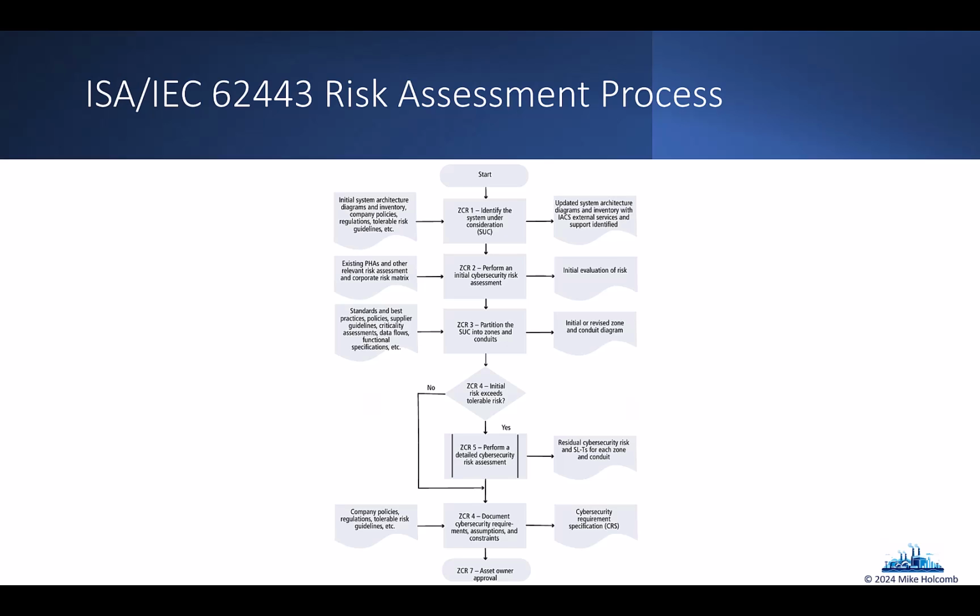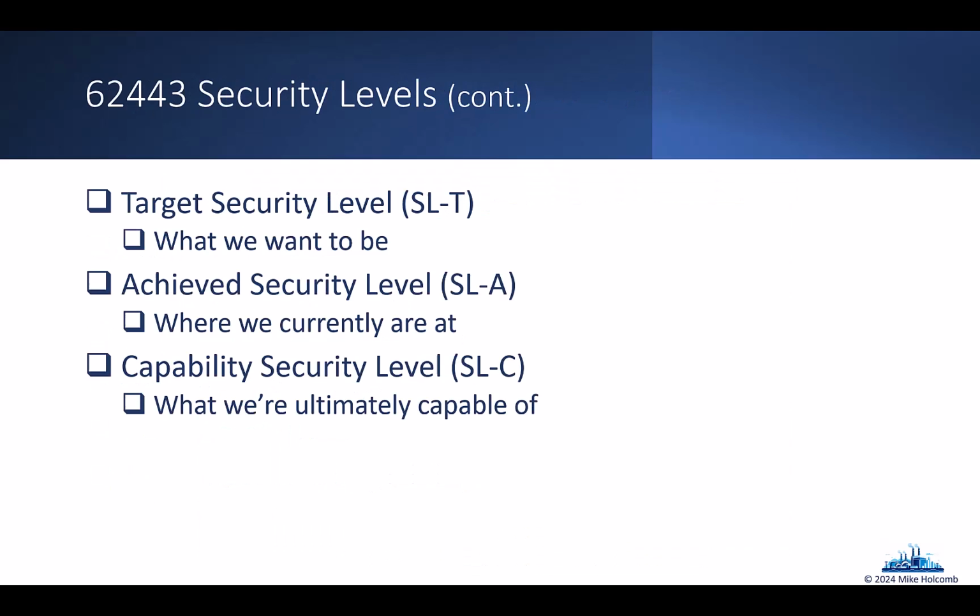So we mentioned with 62443, all of it really centers around performing the risk assessment. Because remember, back here we talked about the target security level that is where we want to get to. So let's say we want to get to security level 2, where I want to protect against the vast majority of common ransomware.